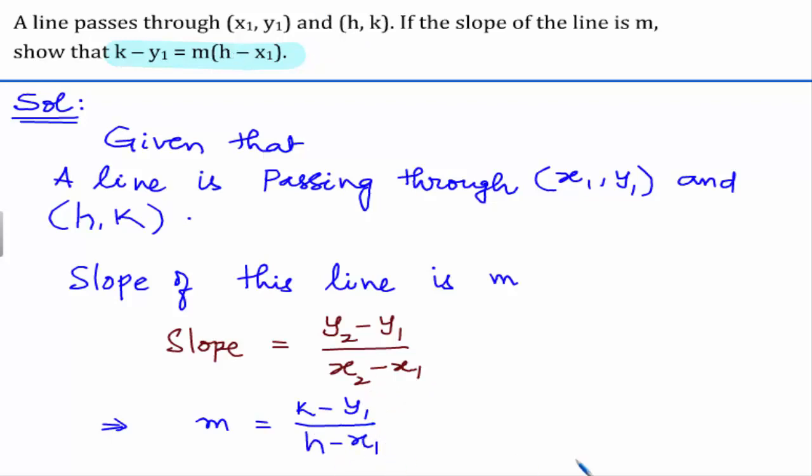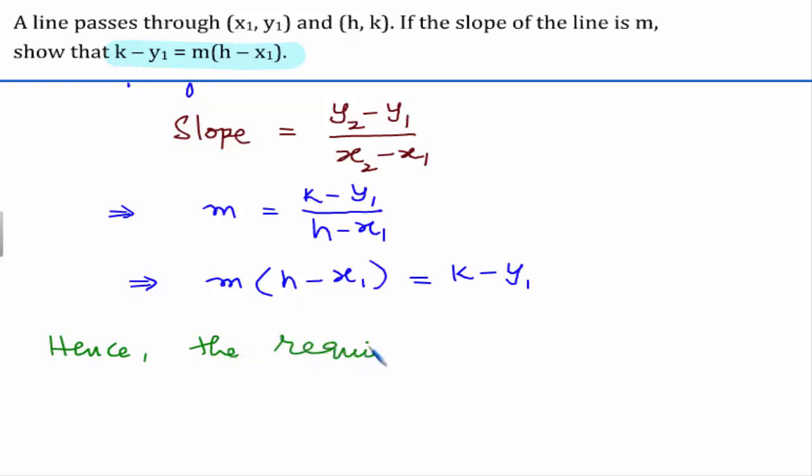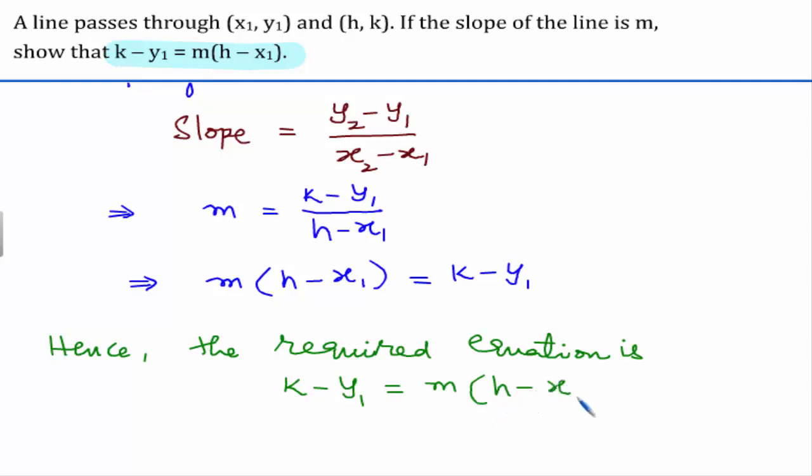Now if we cross multiply, we get m into h minus x1 is equal to k minus y1. So hence the required equation is k minus y1 is equal to m into h minus x1.